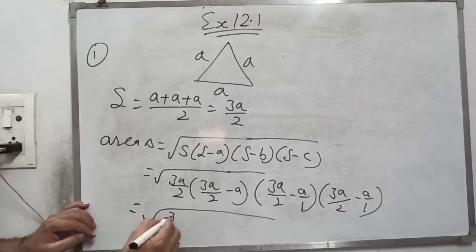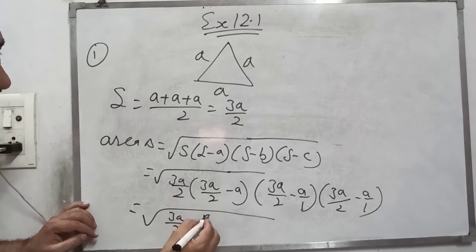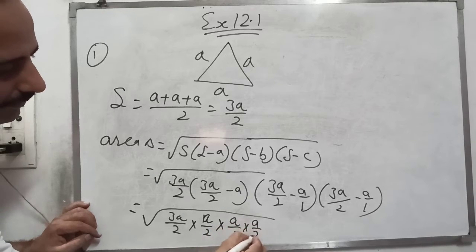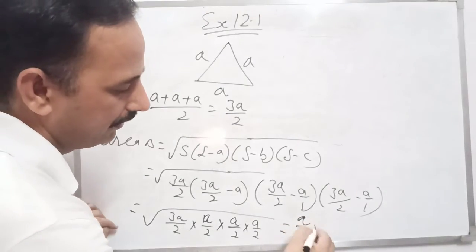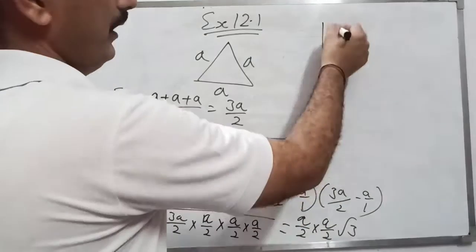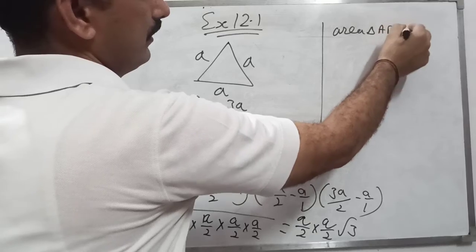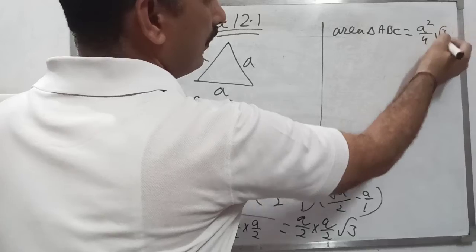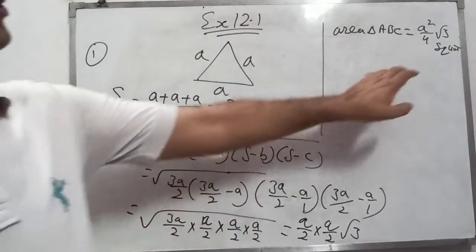Then we solve it: 3A upon 2 minus A gives A upon 2, that is also A upon 2, and also A upon 2. When we take the common terms, we get A upon 2 into A upon 2 into A upon 2 under root 3. So the area of triangle ABC is equal to A square upon 4 under root 3 square unit.